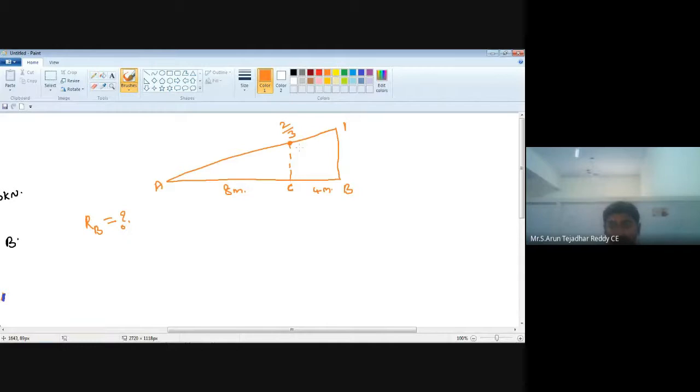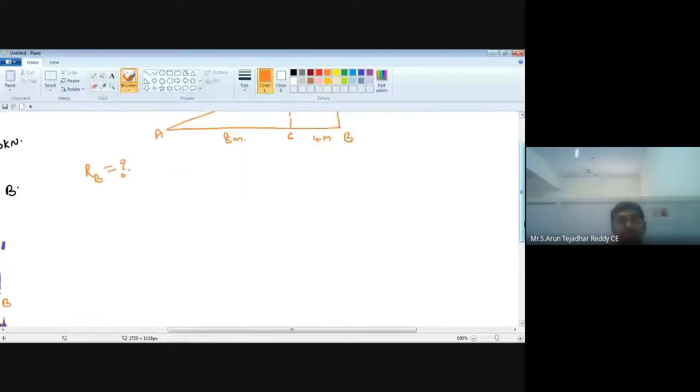See, before that, we'll see A, B, and here we have the wheel loads, 60 kilonewton and 200 kilonewton.